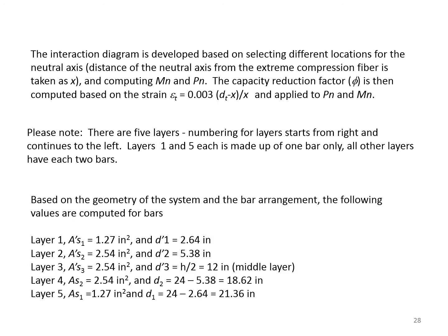Based on the geometry of the system and the bar arrangement, the following values are computed for bars. For layer 1, A's1 is equal to 1.27 square inches, and d'1 is computed as 2.64 inches. Using the equations given before, we can find d'2, which is 5.38 inches, and the area A's2 is 2.54 square inches, and so on with the other layers.